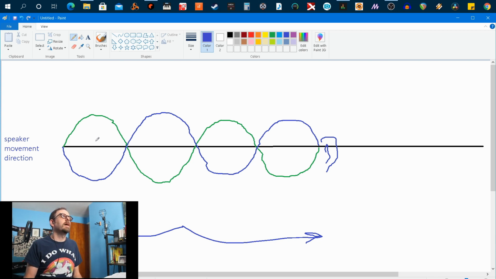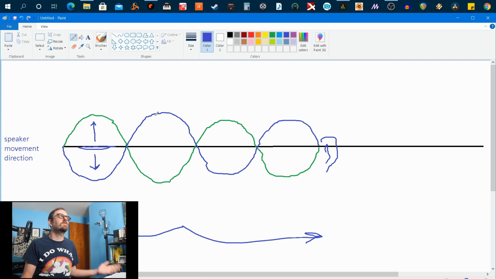you can look at it as the speaker movement going in this direction, and then the speaker movement going in this direction. So if you have two different waves and they're both lined up perfectly and they're pushing in opposite directions, your speaker is going to do this, right? It's not going to go anywhere.